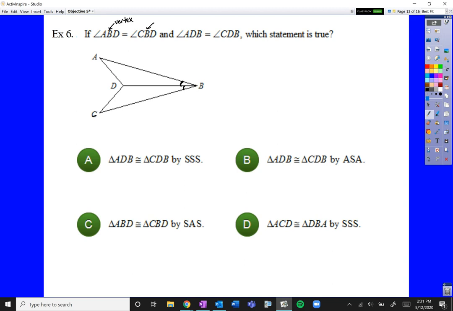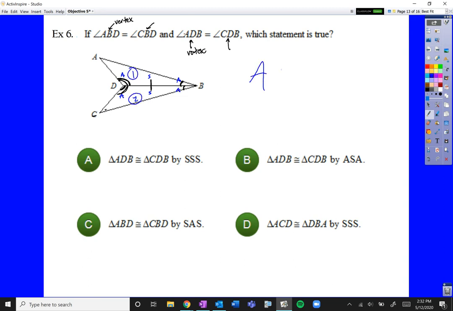If those are equal, and angle ADB, so this is our vertex, angle ADB is right here, we'll do a double arc mark, and angle CDB, same thing, C to D to B, so this must get the double arc. Which statement is true? Well, once again, any time that they touch, you can always use the line that connects them as a side. So we have an angle, a side, and an angle. And in the bottom, we have an angle, a side, and an angle.